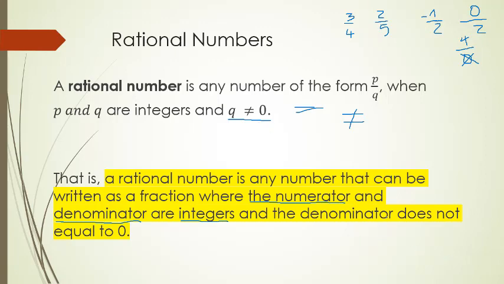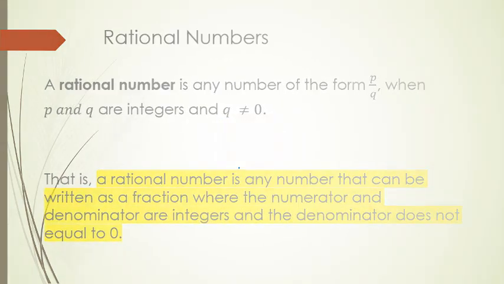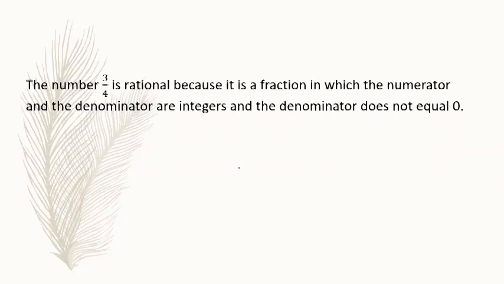You see, only the denominator does not equal 0, but the numerator can equal 0. Okay. Then the number 3/4 is rational. Why?